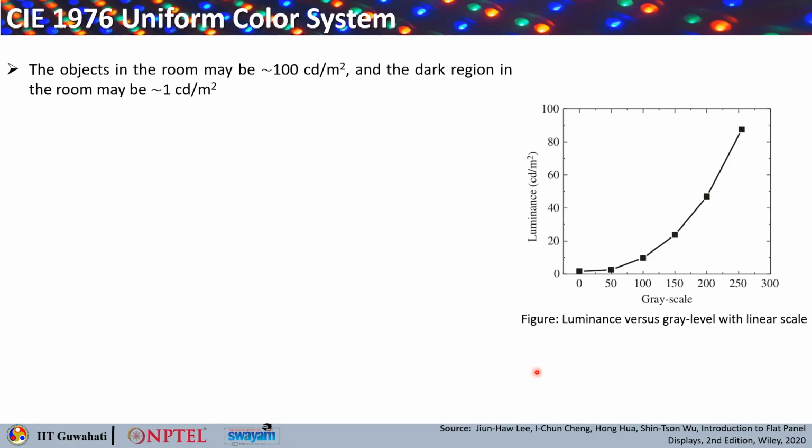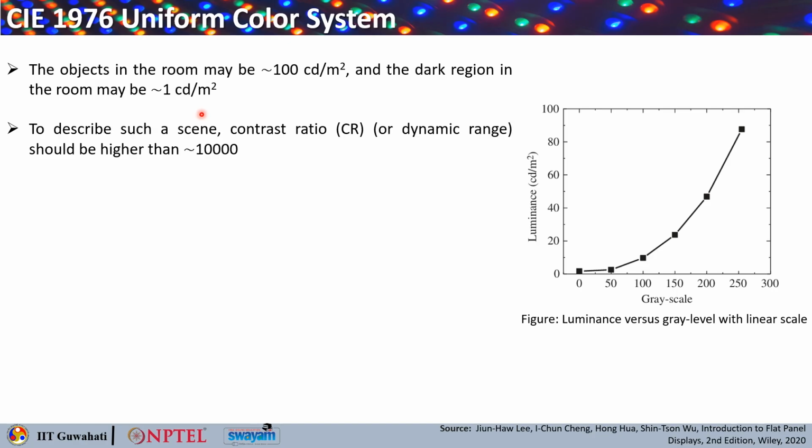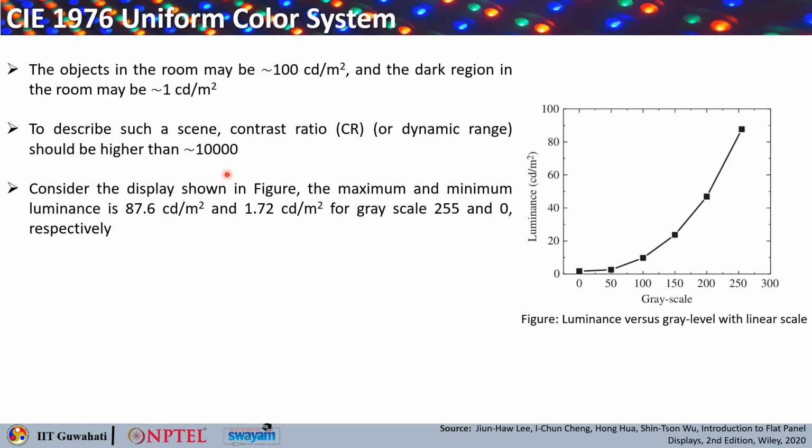So if you consider other objects in the room, they may be typically like 100 candela per meter square, and the dark region in the room could be 1 candela per meter square. So if you want to describe such a scene on a display, you basically require a contrast ratio or dynamic range that should be higher than 10,000 typically, right.